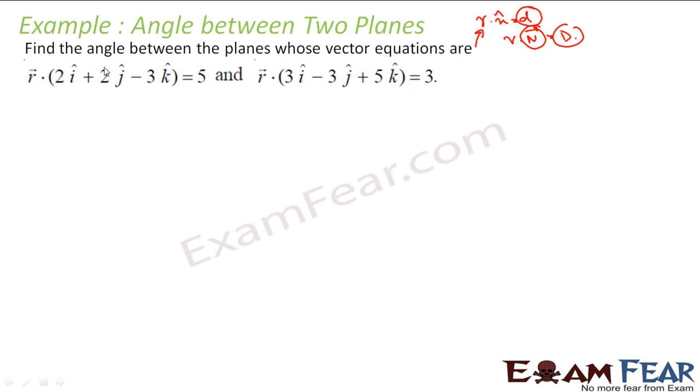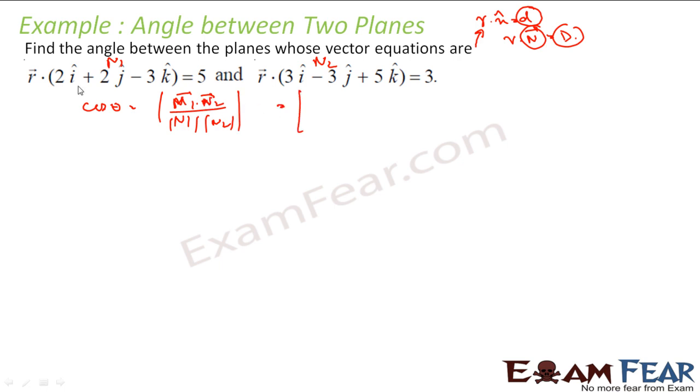I'll show you. If this is n1 and this is n2, my cos theta is nothing but the magnitude of n1 dot n2 vector by magnitude of n1 and n2. Correct?